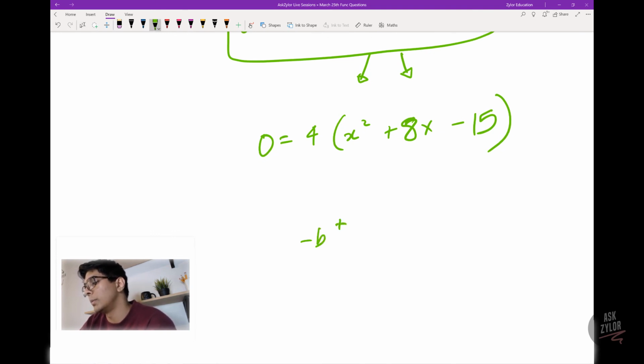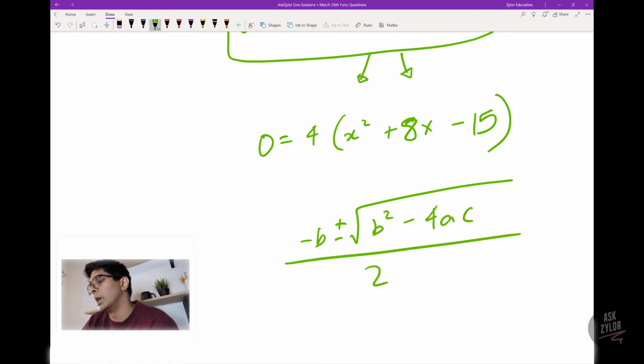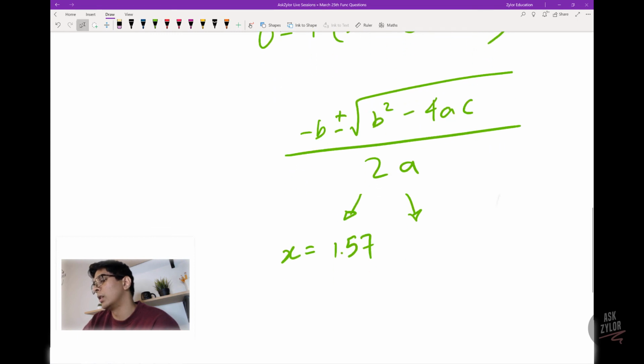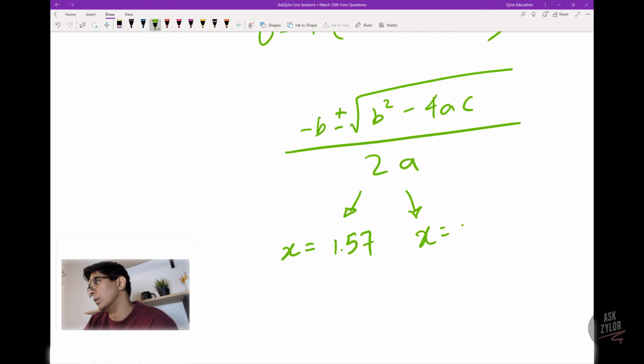So it's minus b plus minus square root b squared minus 4ac over 2a. So for the sake of time, I'm just going to go ahead and show you the x value. So x is equal to 1.57, or x is equal to negative 9.57.